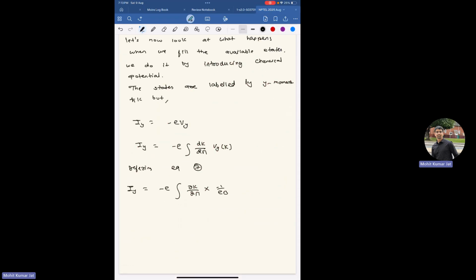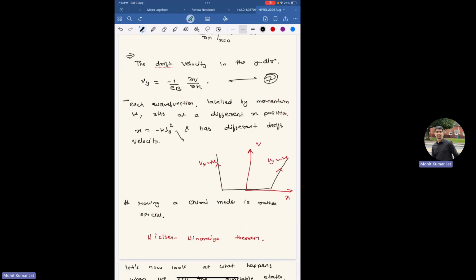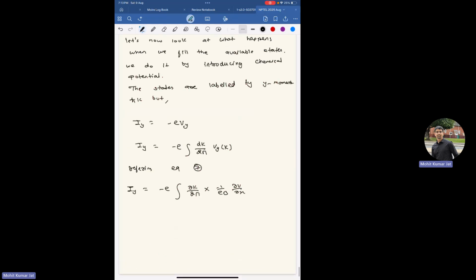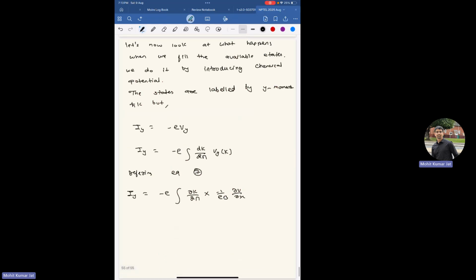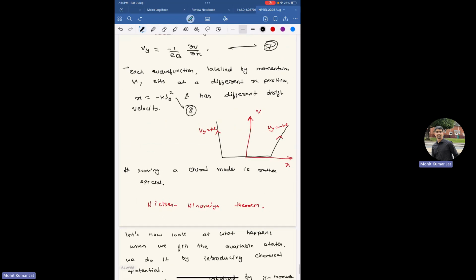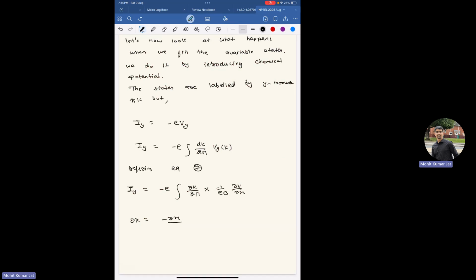If you see this equation, this is your equation number 8. Your delta k you can write as minus delta x by lB square. This is from equation 8.